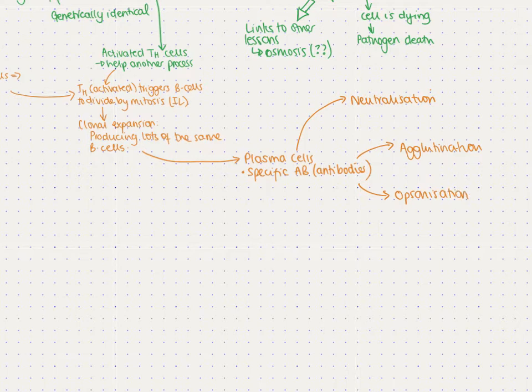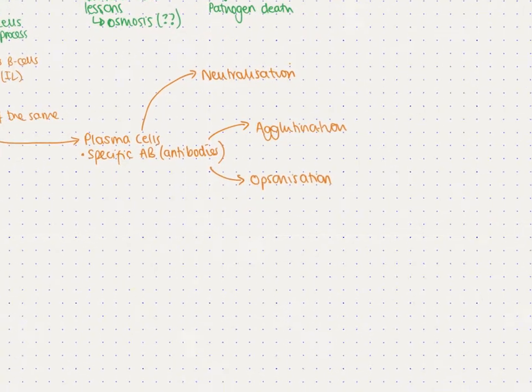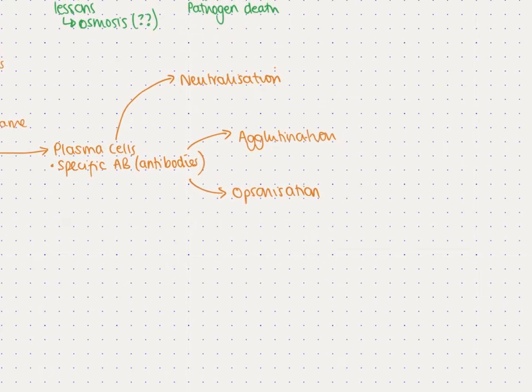Okay, and we're going to take each of those in turn quickly and just explain what they mean again. So neutralization is where the antibodies act as antitoxins. And if you're not sure what toxins are, the toxins are produced by bacteria, and those are the things that make us ill. They give us the symptoms that we see.